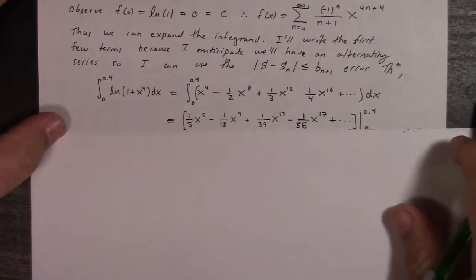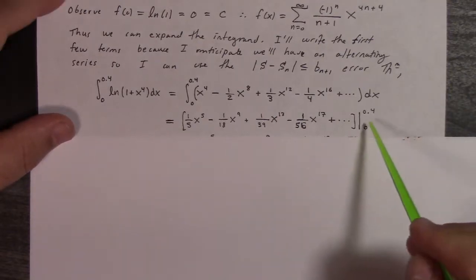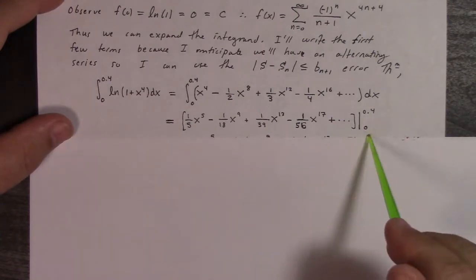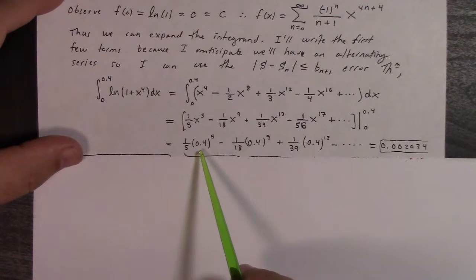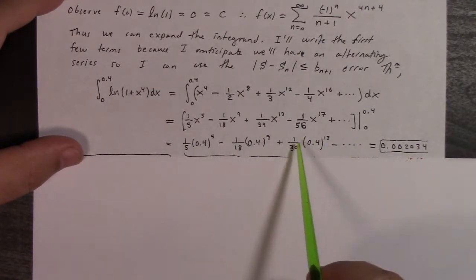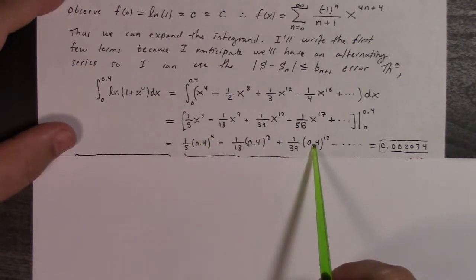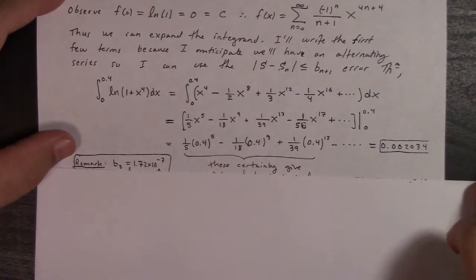Integrating from 0 to 0.4, so I do fundamental theorem of calculus part 2, take the difference of my antiderivative at the upper versus lower bound. The lower bound gives me 0, the upper bound gives me, oh yeah, an alternating series. So we know we can estimate that by going as far as we like, and then the next term is a bound on the error.